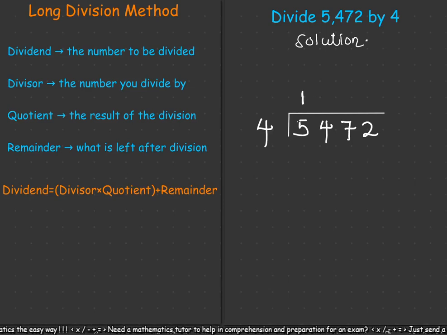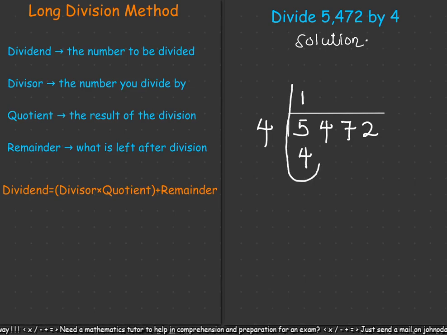After writing your 1, anytime you divide, you write what you get up here, which is your quotient. Then you multiply the quotient again by the divisor. So we have 4 times 1, and 4 times 1 gives us a 4. Take note, you write it just beneath the digit you divided.